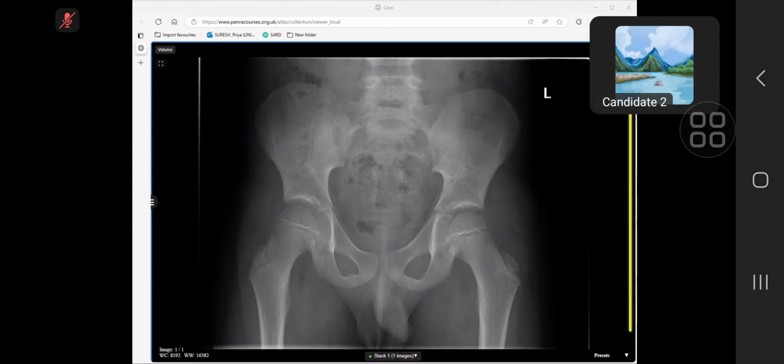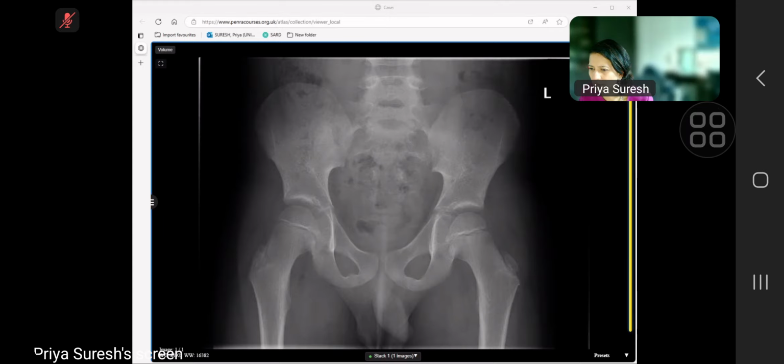Is there any frog leg view available for this patient? There is no frog leg view, and the frog leg view didn't add anything even if they did it.